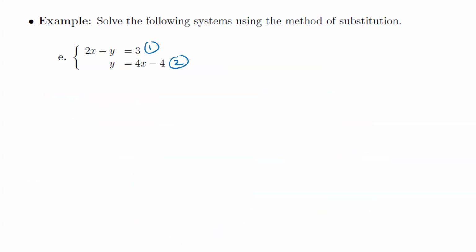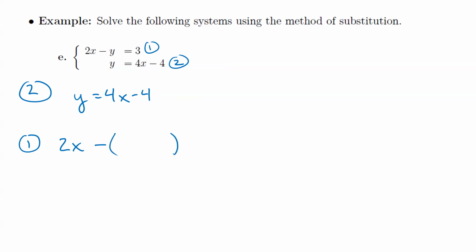Part E, a little more straightforward than the last one. And it is, but I like doing ones like this because notice that in equation 2, when we have 4x minus 4, and then you plug that into equation 1, it's just so easy to get lazy with this minus sign. So we're subtracting off, but because there's no number in front of this y, it's tempting just to write 4x minus 1 right here.